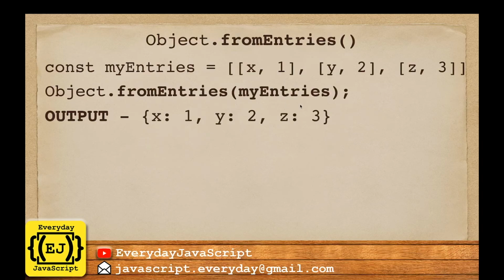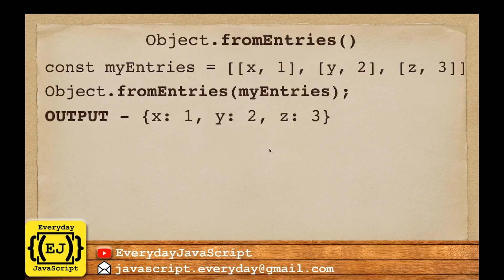Now, Object.fromEntries is just the opposite. It will help us construct the object from the entries. So let's say if we had an entries array like x1, y2, z3, if we pass it on to Object.fromEntries, we'll get output as the object, which will have x, y, and z.